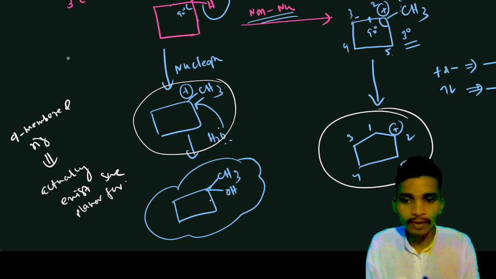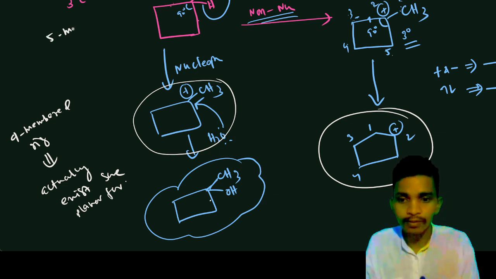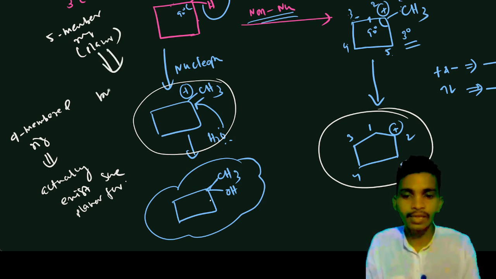But in case of the 5-member ring, what we see here is the planar, but actually it exists in envelope form.